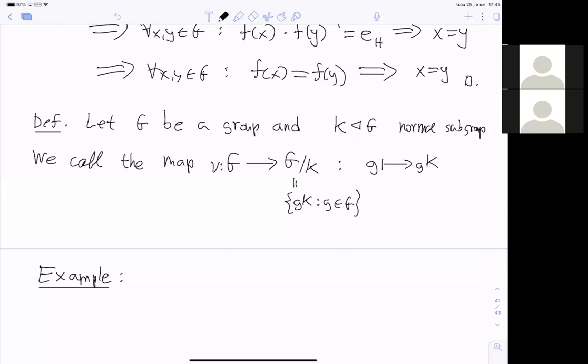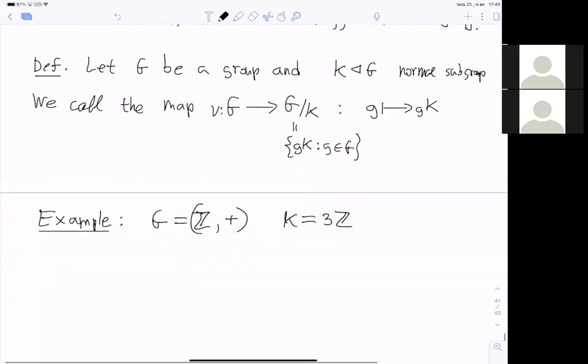For example, take G to be Z with plus, and take K to be 3Z.